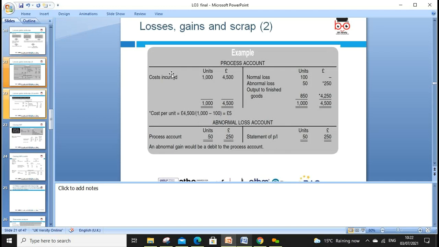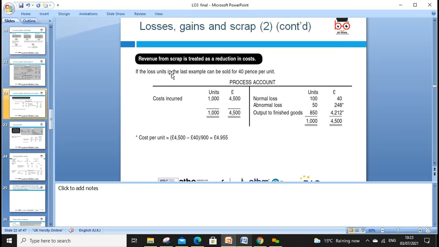And we can make an account, abnormal loss. So in the process account, 50 units, £250 in the abnormal loss account is on the credit side, but in the profit and loss it goes on the debit side because it's a loss. That's the way we can look at finished goods. It can be abnormal gain, abnormal loss, and we can prepare it.